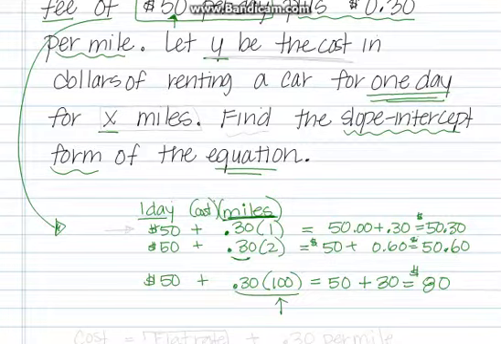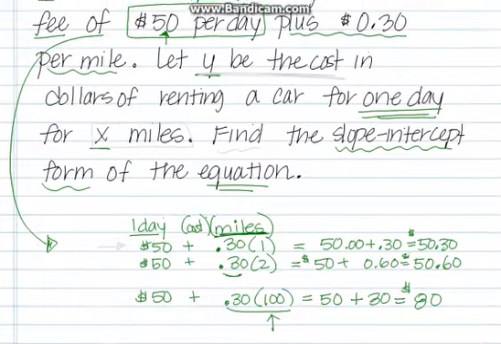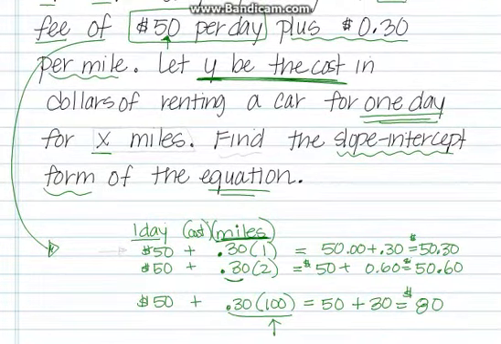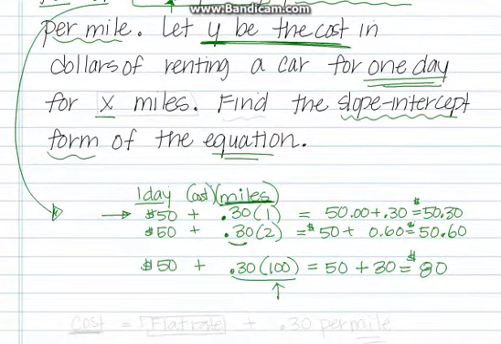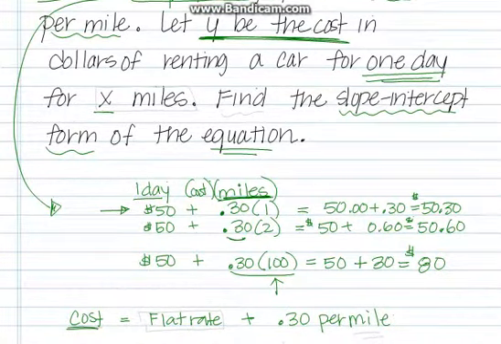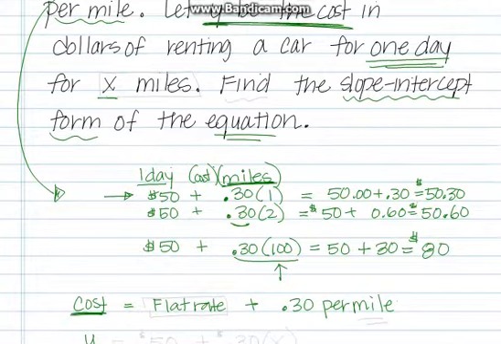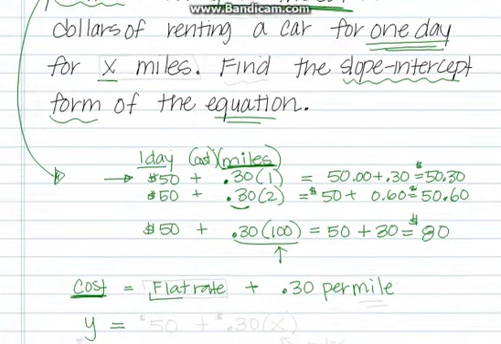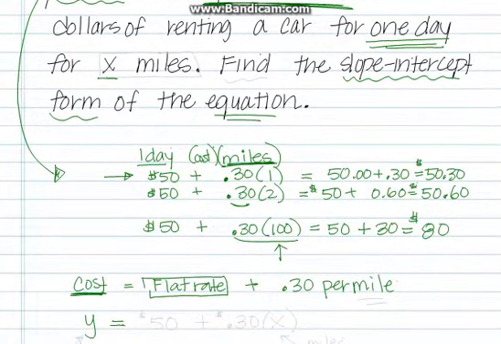So if we look back at our problem here, it says let y be the cost. As you can see below here, in order to get our cost, it's equal to the flat rate plus we have to pay the 30 cents per mile. They're saying to use the variable y for our cost. So we have y is equal to, and we already know our flat rate for that day because we're just talking about 1 day.